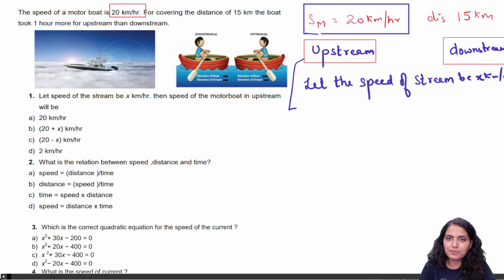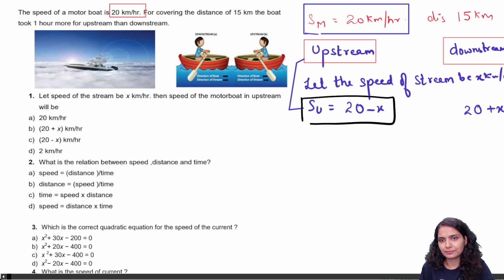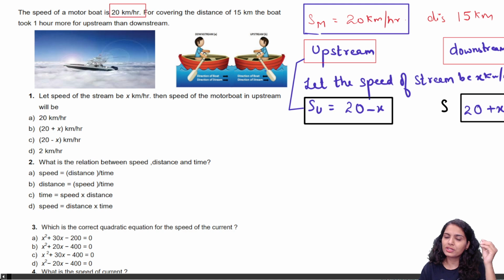For the upstream, the speed will be 20 minus x, because it is going against the stream, so the speed will decrease. Whereas for the downstream, it will be 20 plus x.